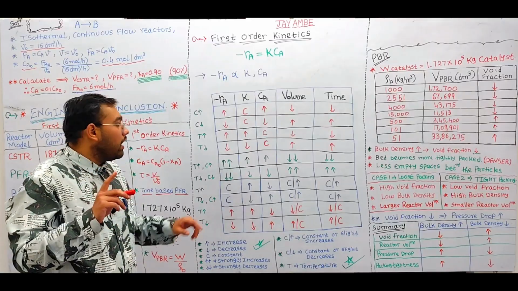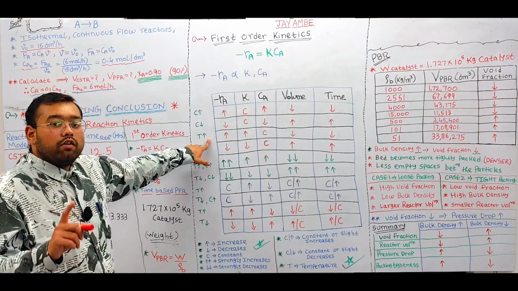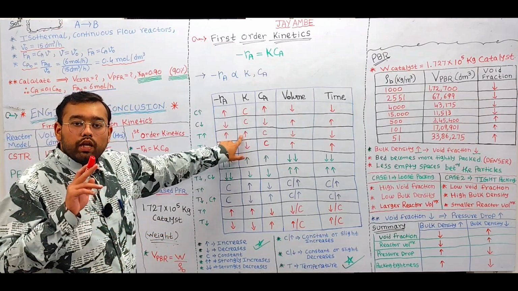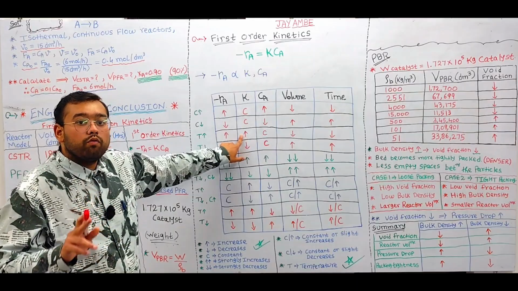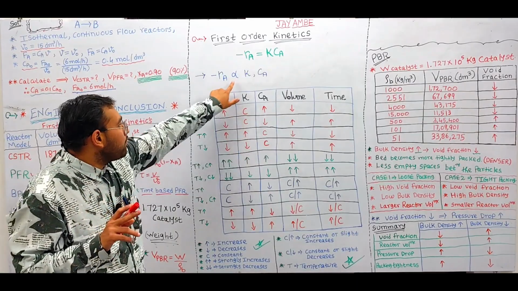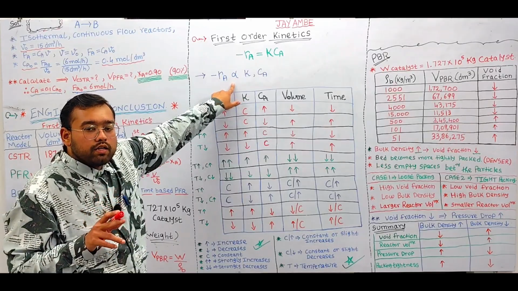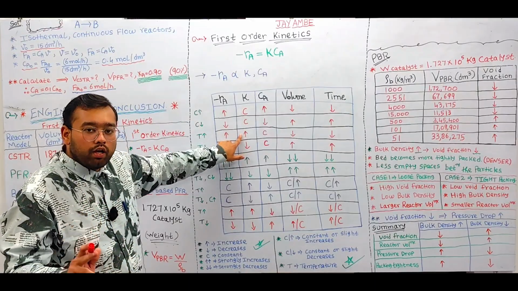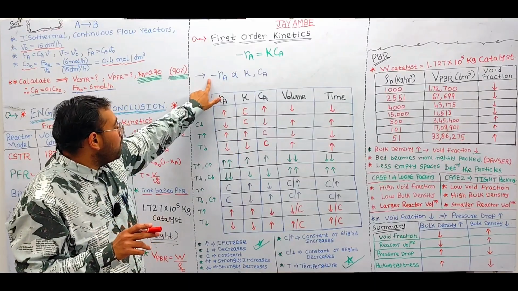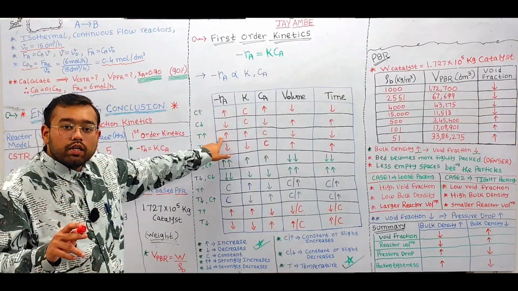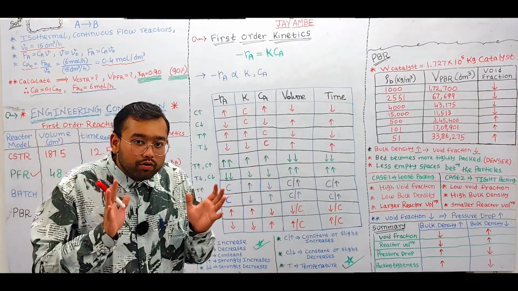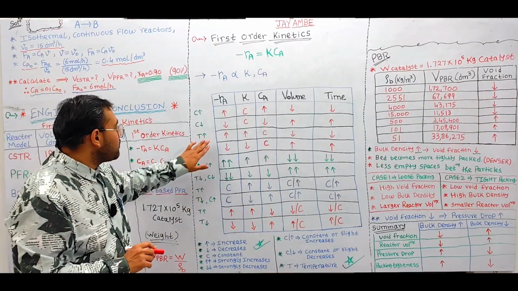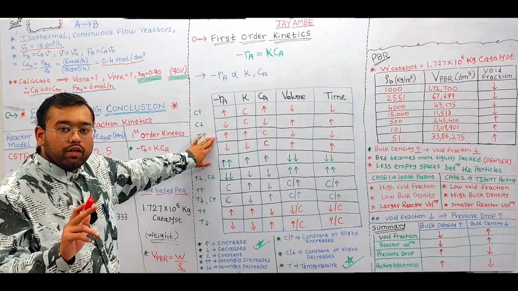By increasing the temperature, the reaction rate constant will also increase, and due to the direct proportionality for first order reaction kinetics, the reaction rate also increases. This results in requirements of a smaller reactor volume and lesser reaction time. I hope you understood. So here we have completed the understanding of the third part.